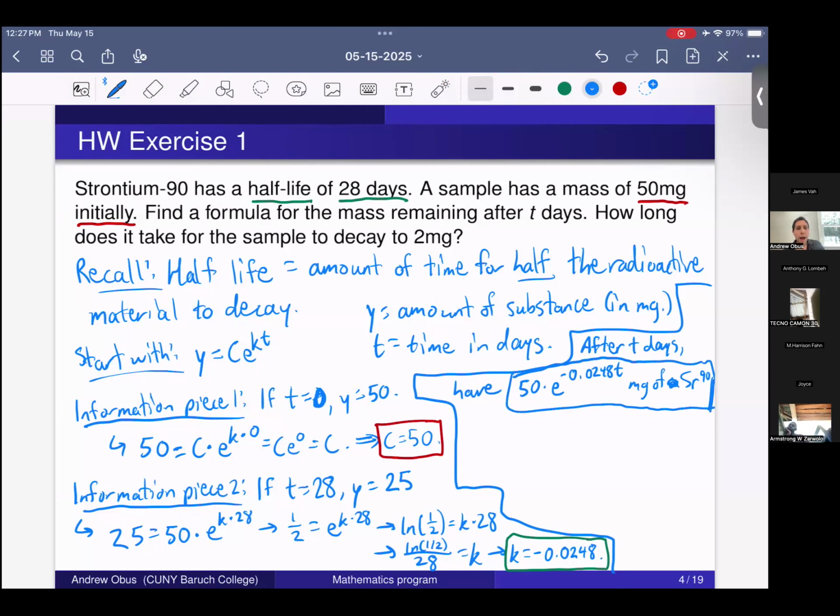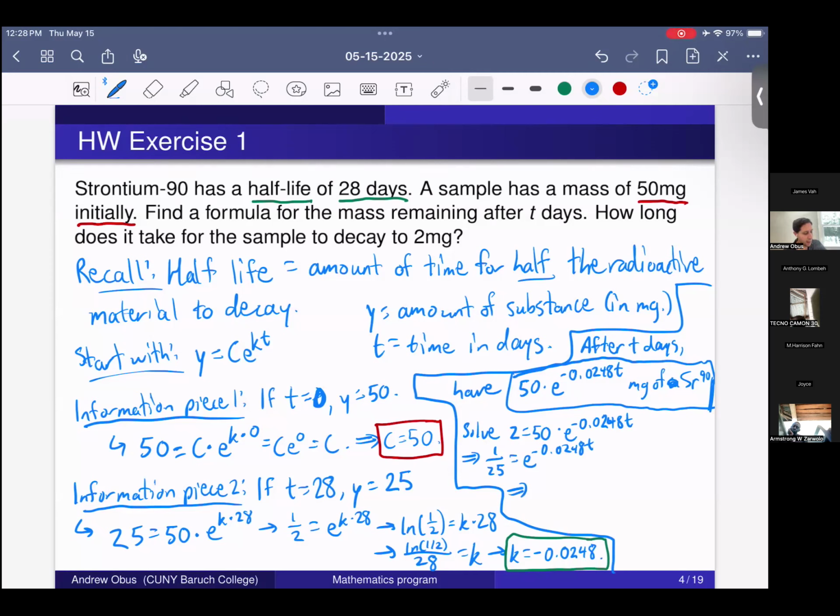And then we want to know how long does it take for the sample to decay to 2 milligrams? So we solve 2 equals 50 times e to the negative 0.0248 t. Well, we can divide both sides by 50, so that's 1 over 25, same as 2 divided by 50, equals e to the minus 0.0248 t.